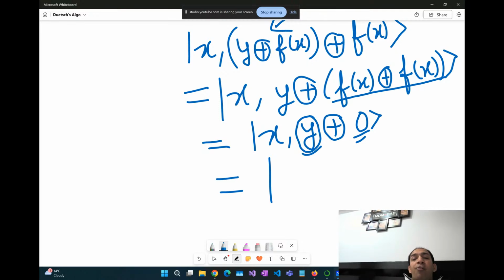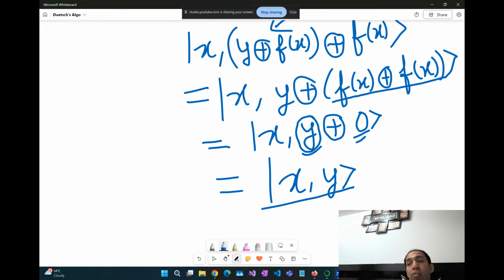If y is 1, it will pass on 1. If y is 0, it will pass on 0. So the effect of 0 is nullified here, and it will become xy. Hence we have seen that if you apply the same gate again, you will get the same output.